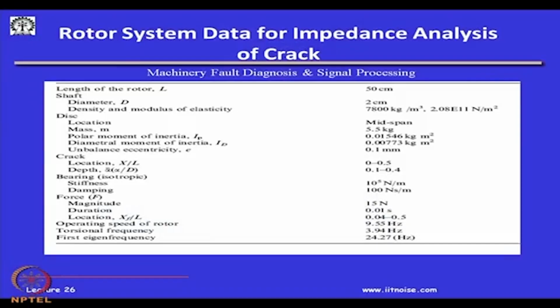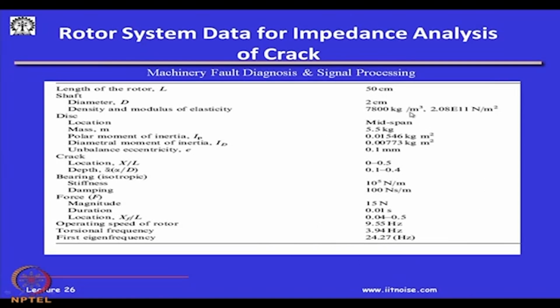Now, to do the impedance analysis of the cracks in the laboratory, these are some of the data which we used. The length of the shaft was about 50 centimeter, diameter was 2 centimeter, and the density, etc. And then the first eigenvalue was 24.27 hertz. Rotor was rotating at 9.55 hertz.